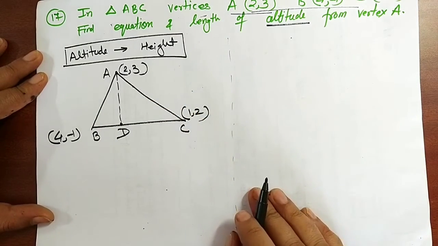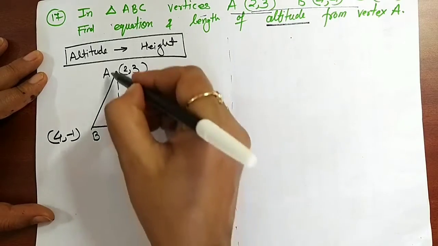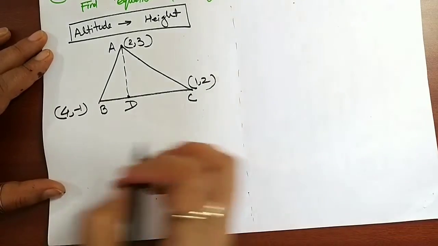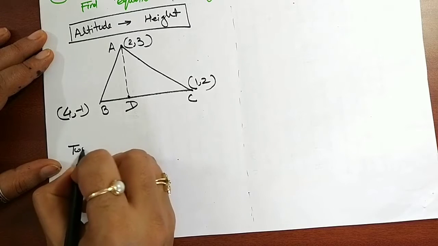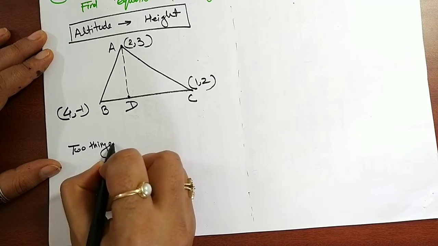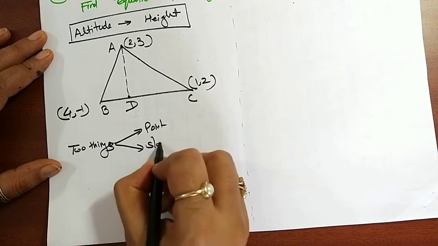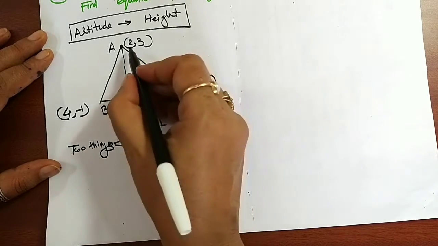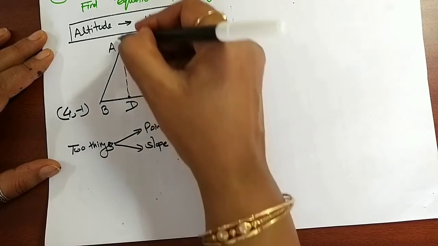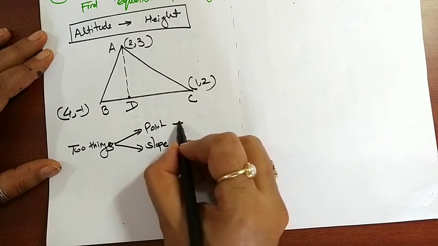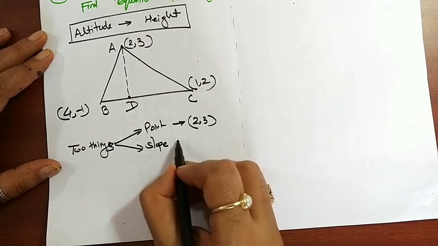Okay. So for any equation we need 2 things, as we know already, right? What are those 2 things? One is a point and another is the slope. The point is there. See, AD is passing through A. So the point is known. The only thing is the slope.